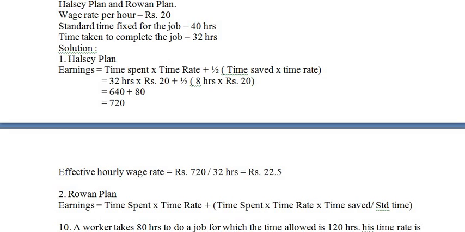Time spent by him is 32 hours into time rate rupees 20, plus in bracket 32 hours into time rate rupees 20 into time saved by him, 8 hours, divided by standard time 40 hours. So complete the bracket.